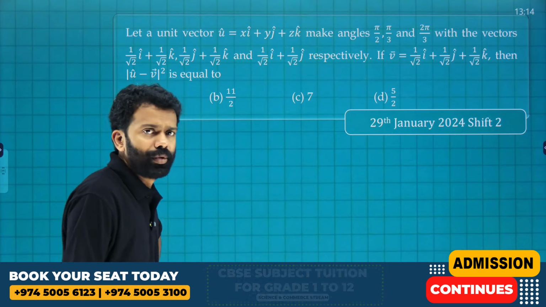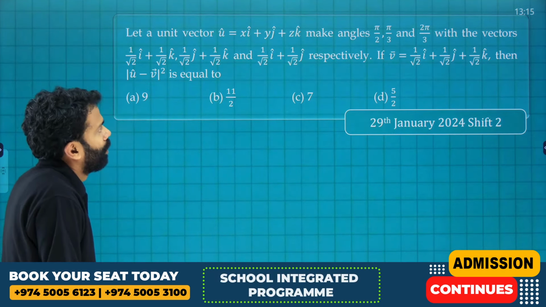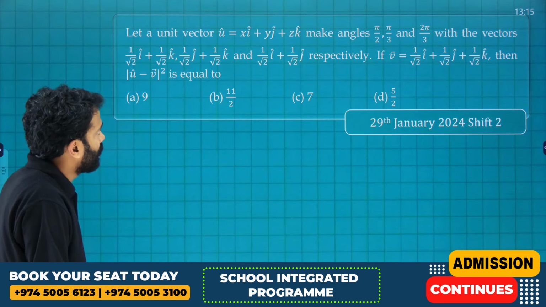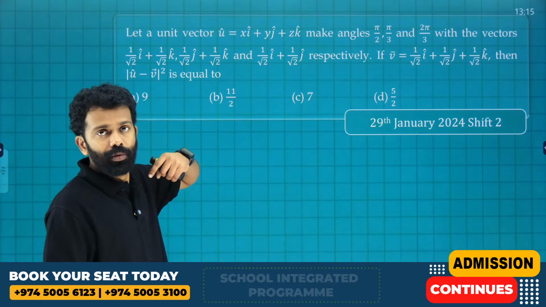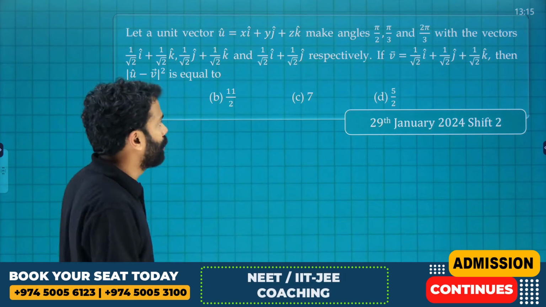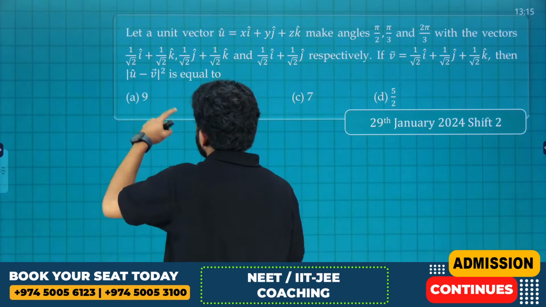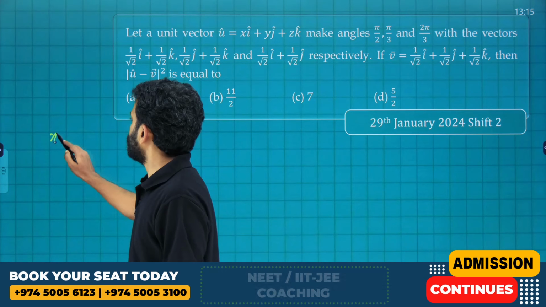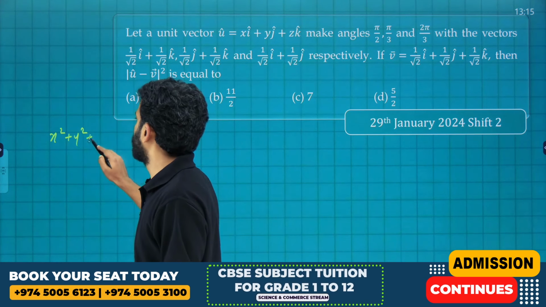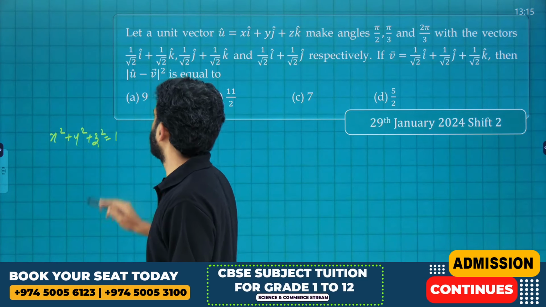So how are you going to formulate that? Let's start. It is a unit vector, therefore its magnitude will be 1 and the square of the magnitude will also be equal to 1. That is, x square plus y square plus z square is equal to 1.